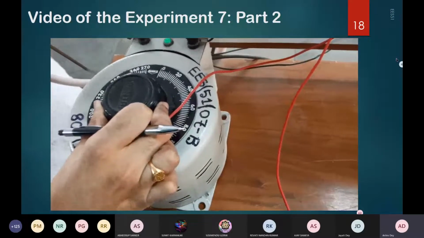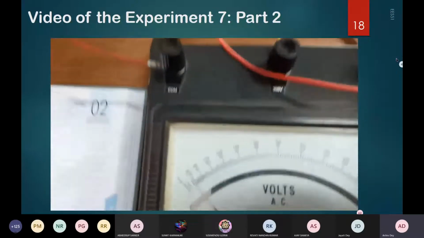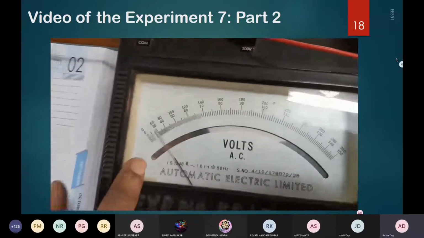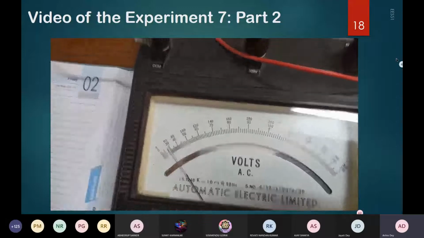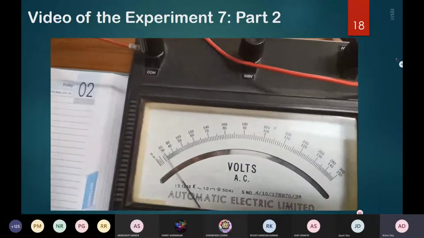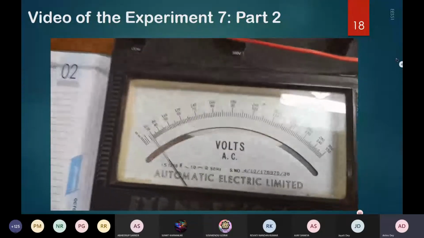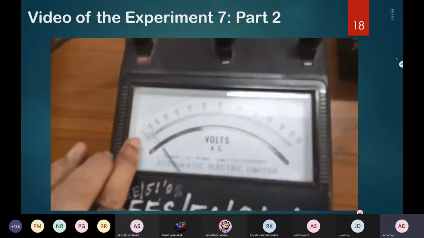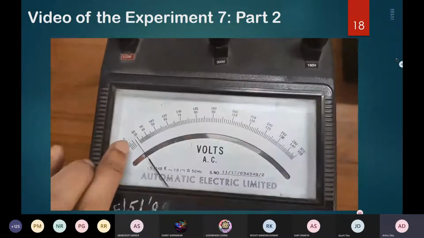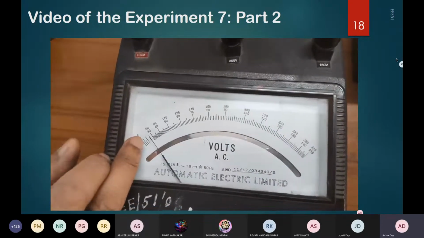So now you can see it is clearly visible in the voltmeter V1. If you just see from the top, it is close to 60. It is 60. So for the 60 volt V1, what is your V2? V2 is a little less than 60 actually, because of the small internal drop.